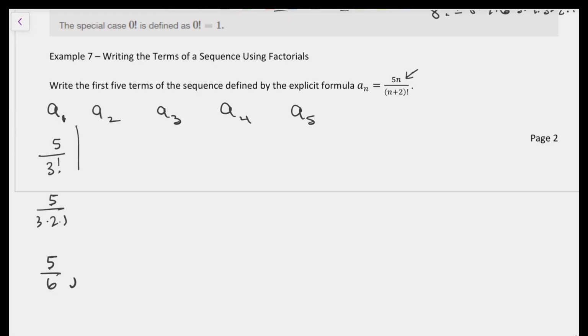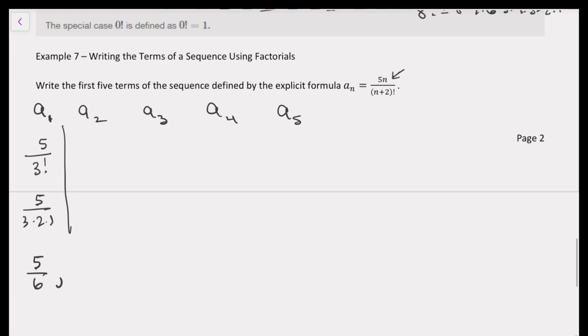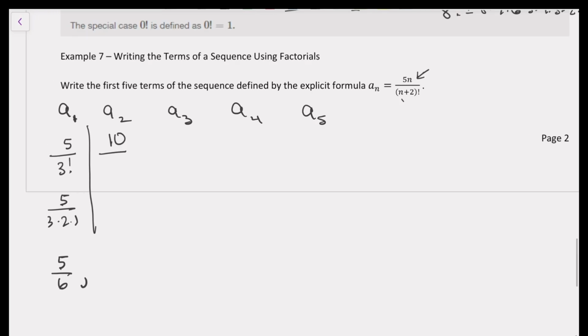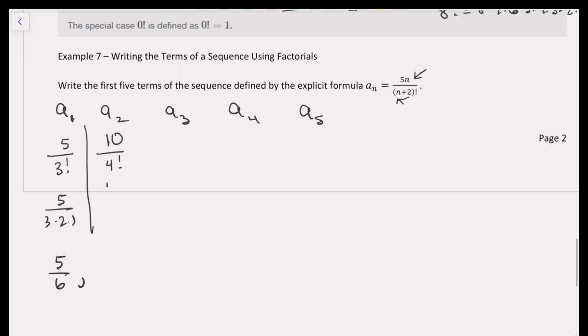When we're doing the second, 5 times 2 on top is a 10. On the bottom, we're going to put a 2 in here, so we'll get a 4 factorial. So it's really 10 over 4, 3, 2, 1. Yes, 10 is 2 times 5, so we could do a little bit of simplifying, right? Divide that by 2, divide that by 2. So it's 5 over 12 when all is said and done.